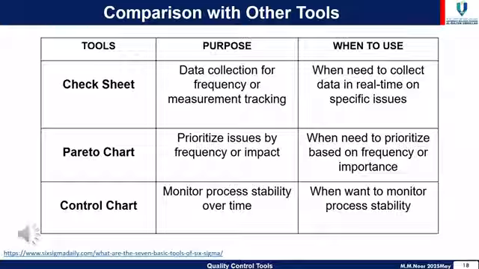When to use: when you need to collect data in real time or on a specific issue. Second is Pareto chart. Purpose: prioritize issues by frequency or impact. When to use: when you need to prioritize based on frequency or importance. Third is control chart. Purpose: monitor process stability over time. When to use: when you want to monitor process stability.